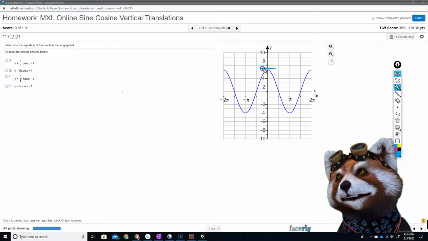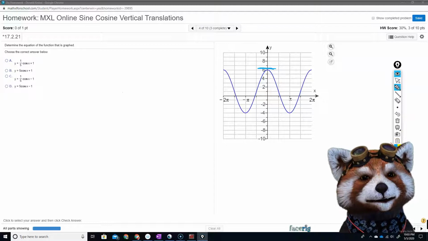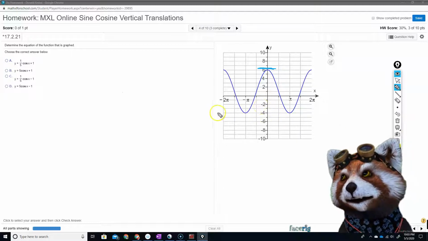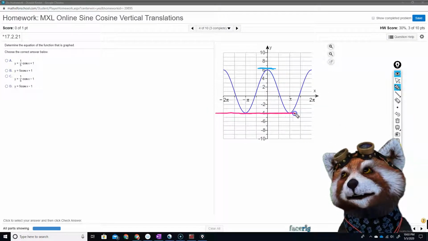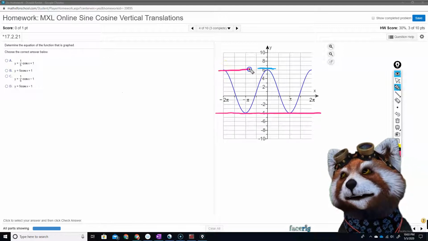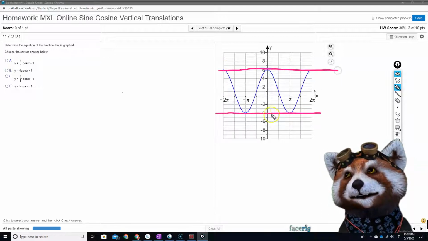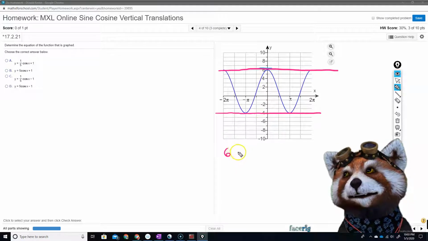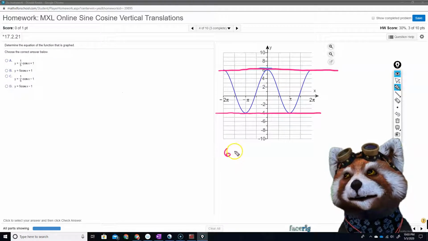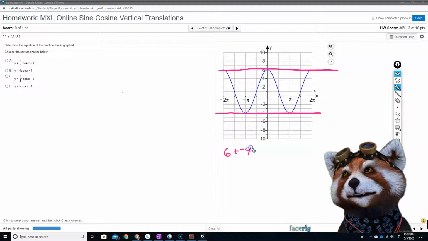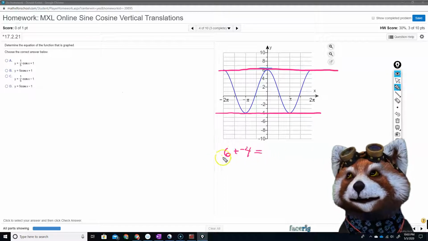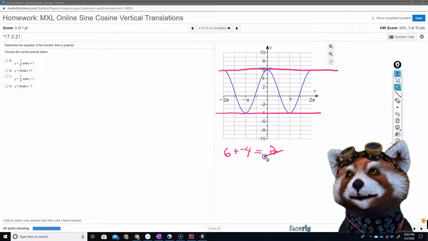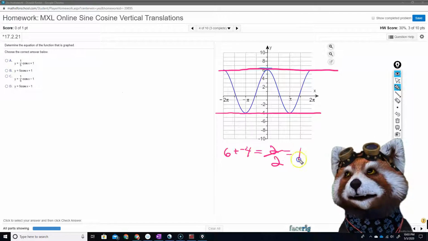Okay, so 6 is our high point. -4 is our low point. So the midline is going to be halfway between those. All right, so if I do 6 plus -4, that's 2. And divide that by 2, and I get 1.